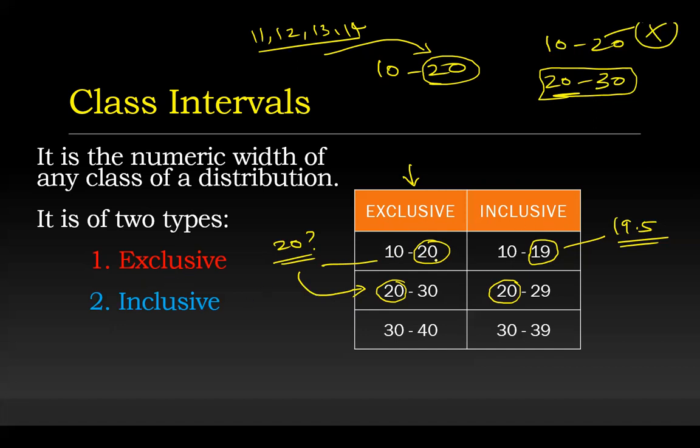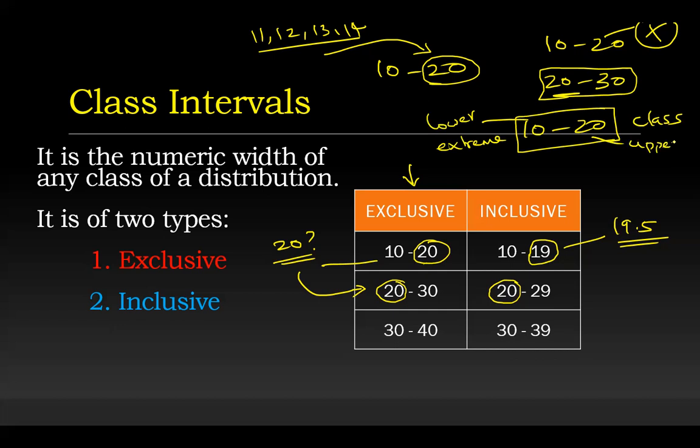Okay, so now 10 to 20, 20 to 30. Now these two are equal. So I'll call them the class extreme values. Okay, so now 10 to 20 means this is a class. I will call this a class. Then this is the lower extreme value. Now this is the upper extreme value.